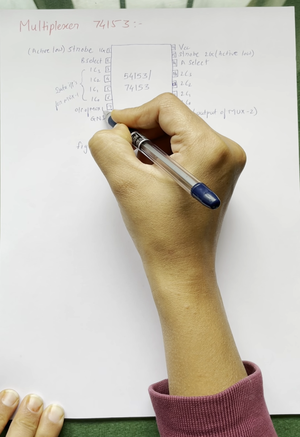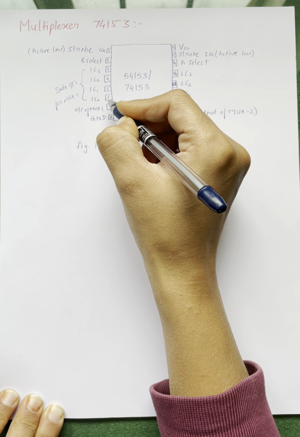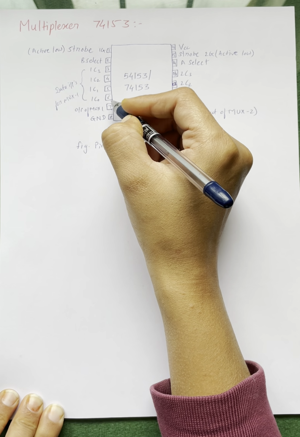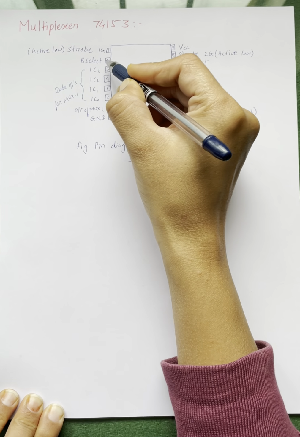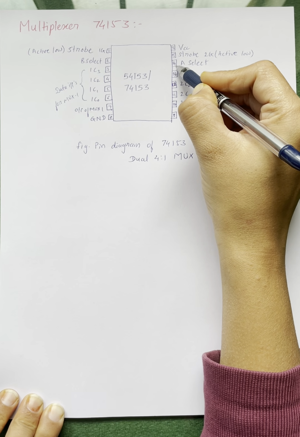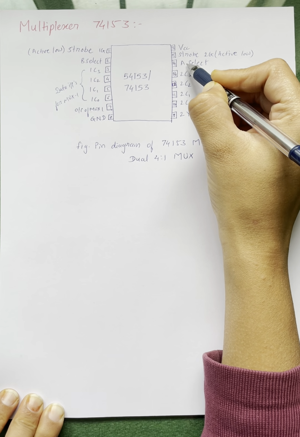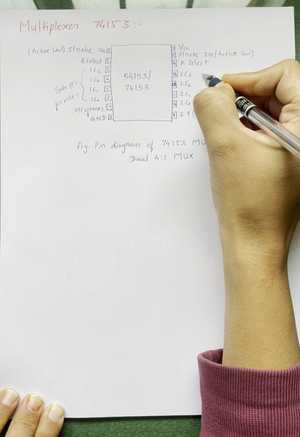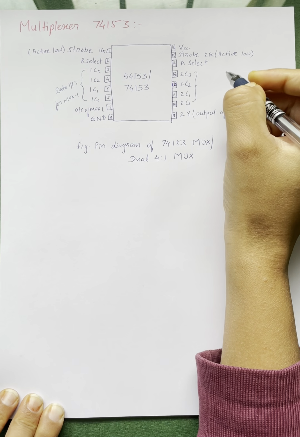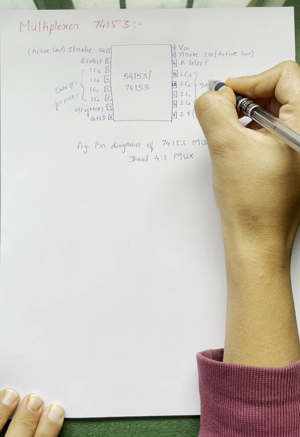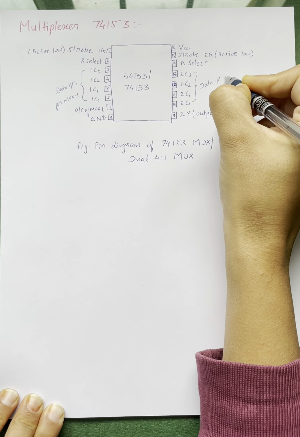Now the thing is the select lines. Here we have pin number 2 as a select line, as well as pin number 14 as a select line. Select lines are common to both the multiplexers.